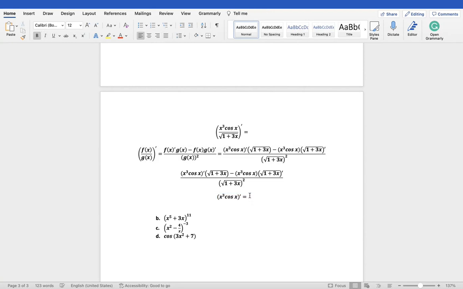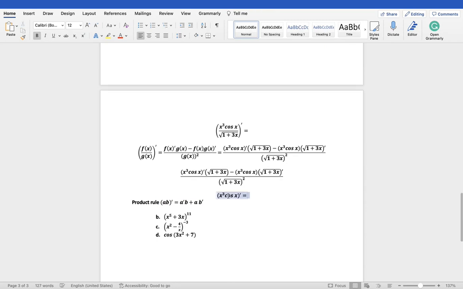The product rule tells us that if you have the derivative of the product of two functions, which is just a times b, it's equal to the derivative of the first function multiplied by the second function plus the first function multiplied by the derivative of the second function. Right, so that's the product rule.